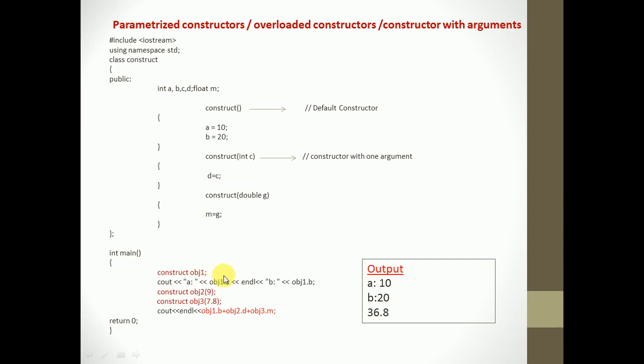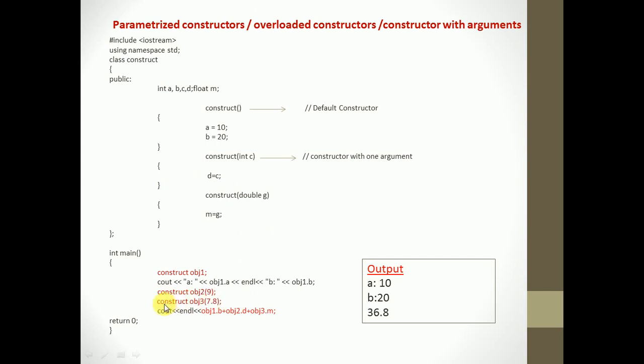It doesn't go to double, because it is an integer. It automatically goes to int. Now what is the value of C? C holds the value 9. So now C is assigned to D.